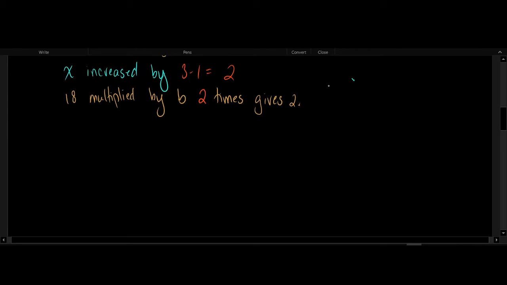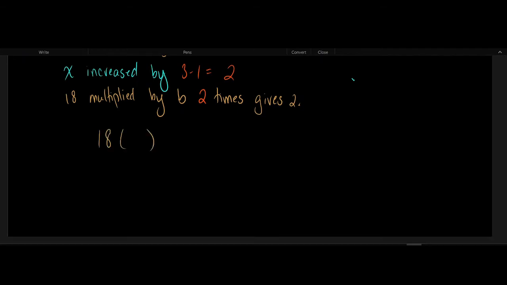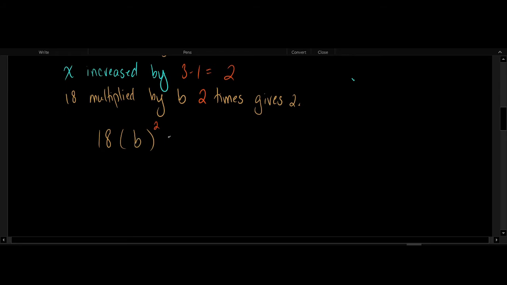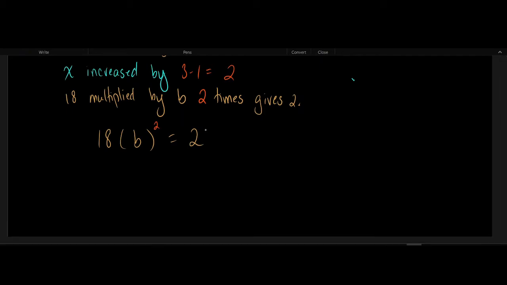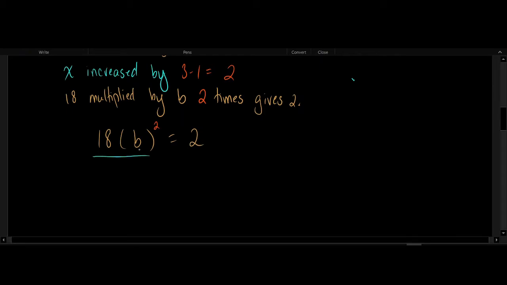So let's set up this equation in an exponential form. 18 multiplied by 2 copies of b results in 2. So, just like before, let's go ahead and solve this for b, starting by dividing both sides by 18. b squared is equal to 1 over 9.